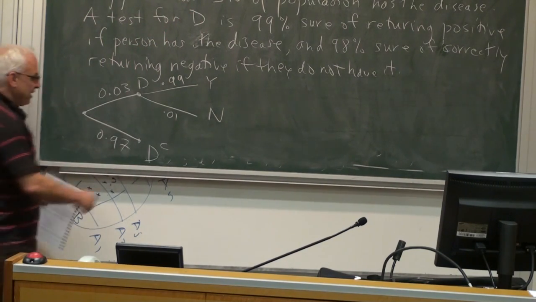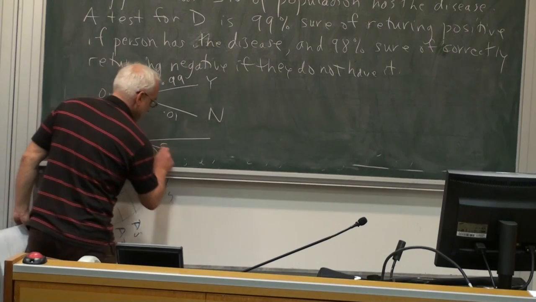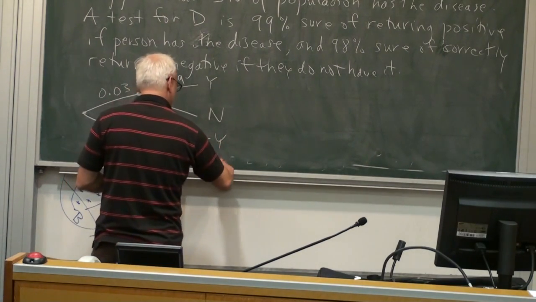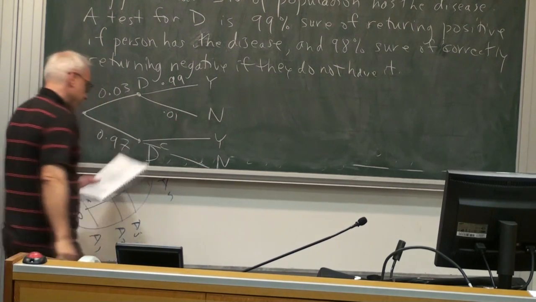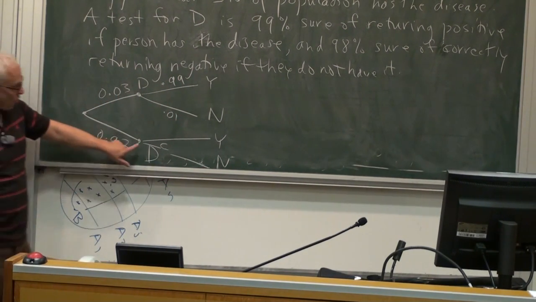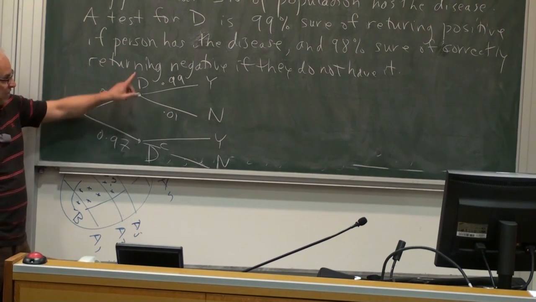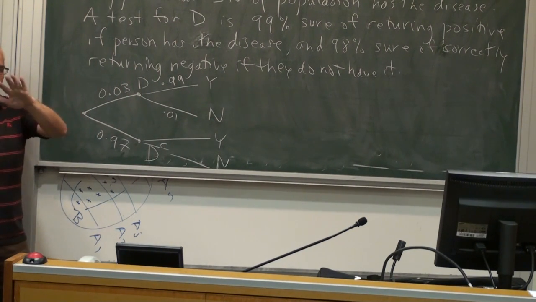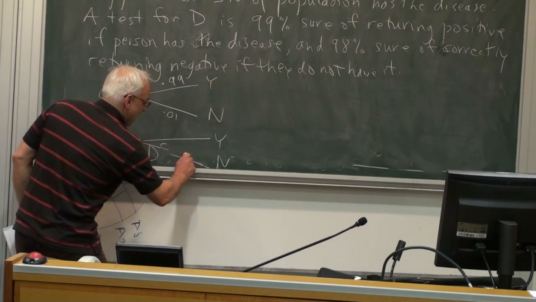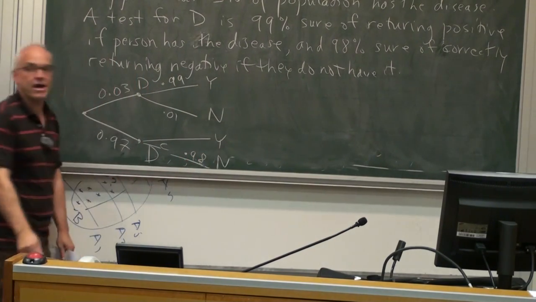On the other hand, if you happen to not have the disease, there are still two possible outcomes. Yes, no. If you don't have the disease, the test correctly says you're okay, you don't have the disease, no, with probability 0.98. So we have to put a 0.98 down there.